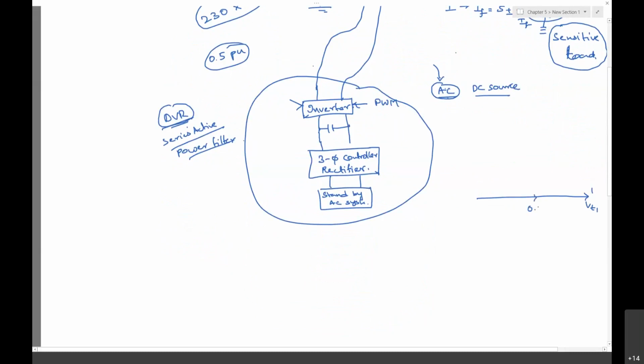If the sag voltage is 0.5, we can inject only up to 0.5 per unit. If the voltage sag magnitude is 0.3, the injection possible is only 0.5, so we can go to 0.8 per unit only.